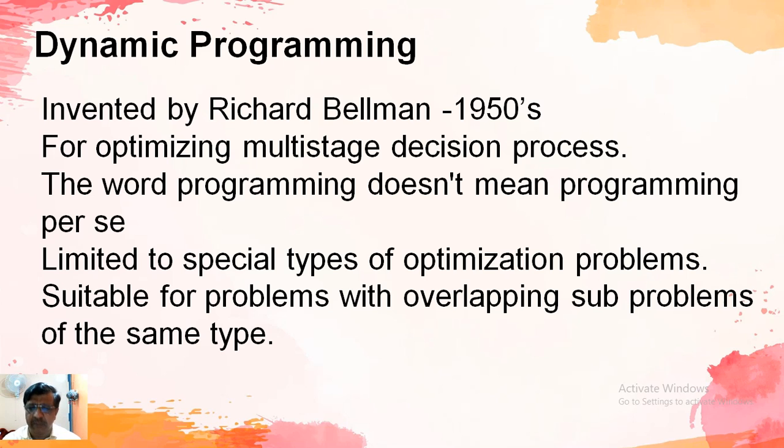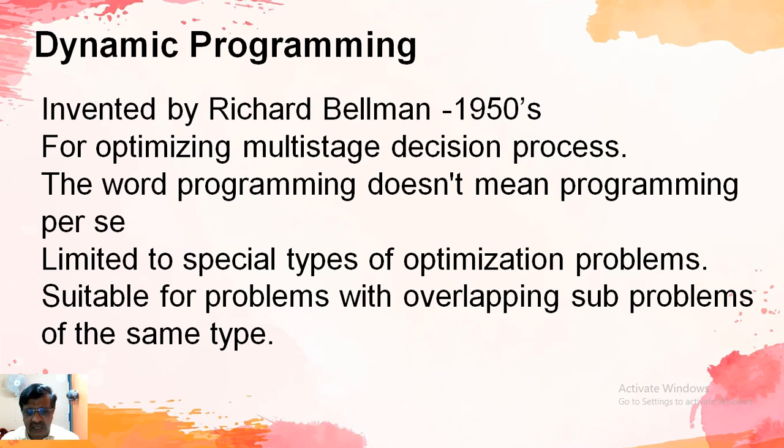Programming here means planning to obtain the solution, and this particular technique is specially applicable for designing algorithms for optimization of objective functions. It is also suitable for problems with overlapping subproblems or overlapping solutions of the same type. Of course, the solution is progressively obtained by making use of the previous solution.